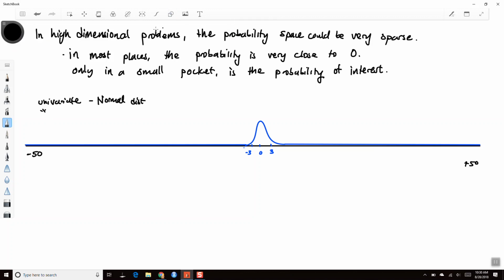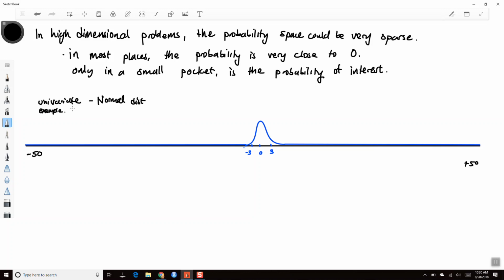And let's say you tried to do Monte Carlo estimation where you're drawing from the uniform distribution from -50 to +50.